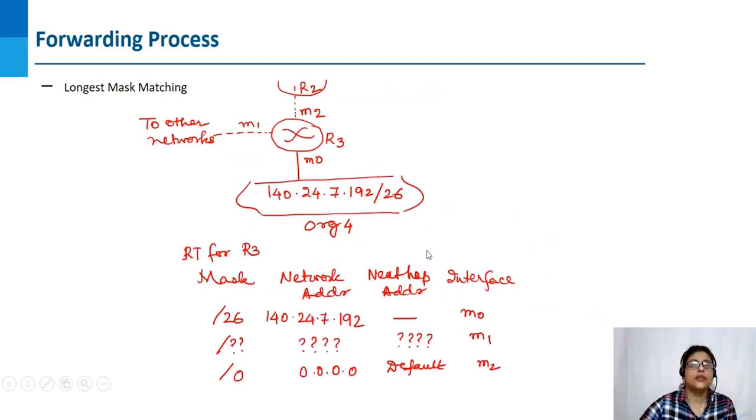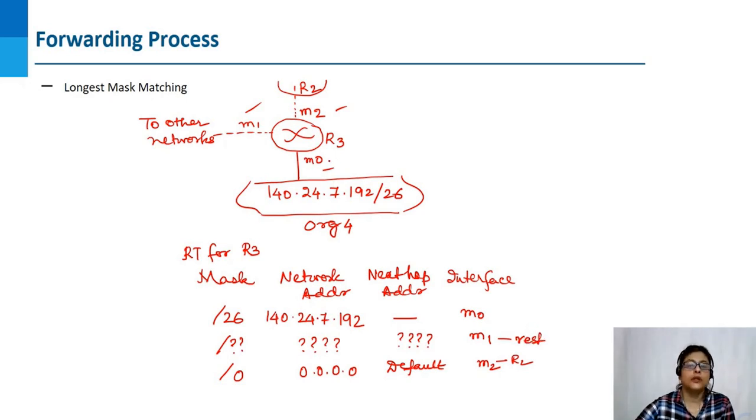Now here we can see this is router R3. This router R3 again has 3 interfaces, M1, M2 and M0. With the help of M2, it gets connected to router R2. With the help of M1, to other networks.